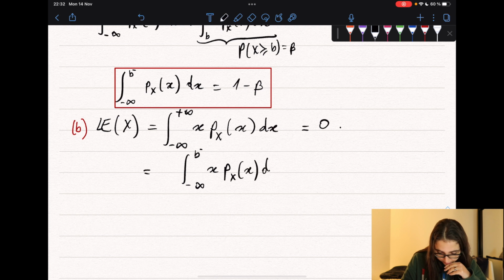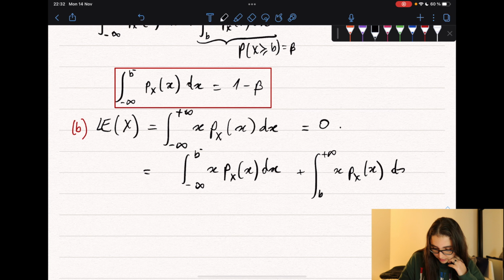We have the integral from minus infinity to b minus plus the integral from b to plus infinity of x times p_X(x) dx, and this is all equal to 0.